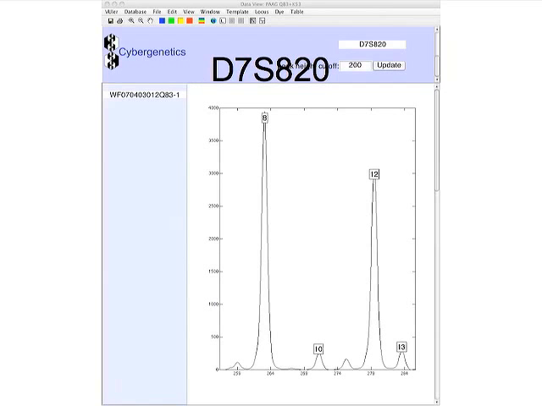So let's take a look at some actual data. This is locus D7. That means it's on chromosome 7. It's a location. And this is just an indication of where it might be, the S820. You see two huge peaks. Who do you think they came from? The victim, because the victim's 93%, 93.3%.